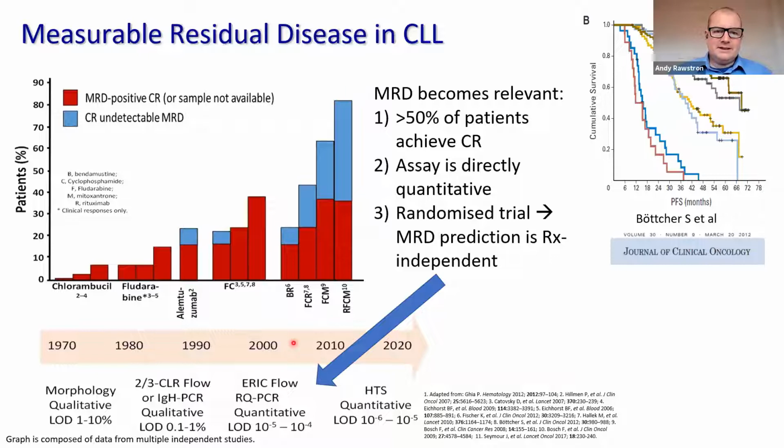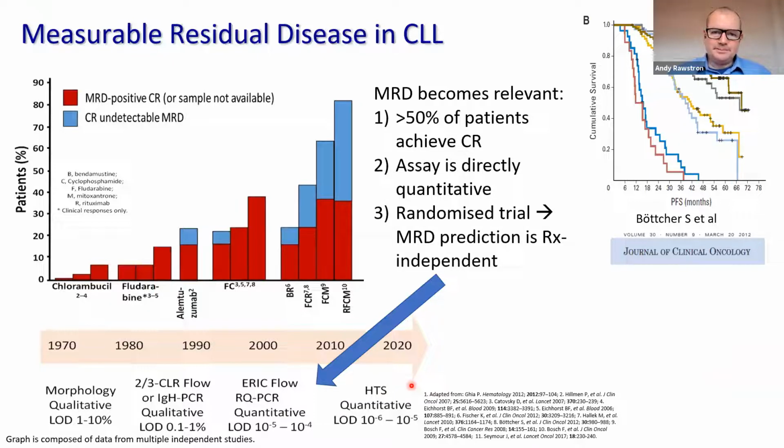You start to need higher sensitivity MRD assessments. And at this stage where we're at now, at the end of the chemotherapy era, where a higher proportion of patients are achieving less than 1 in 10 to the 4 neoplastic cells at the end of treatment, you're starting to see the introduction of 1 in a million type assays to get a proper assessment.